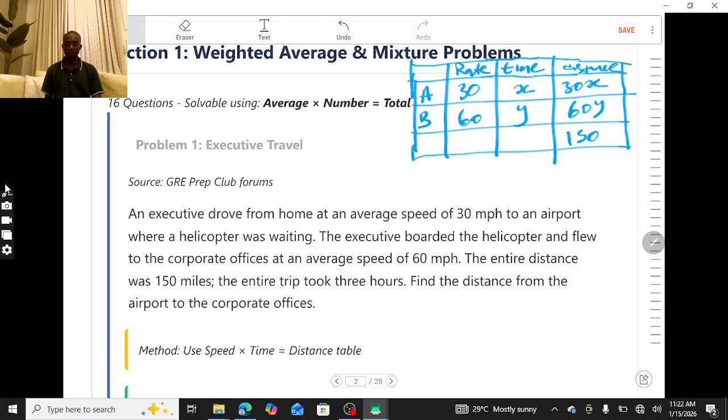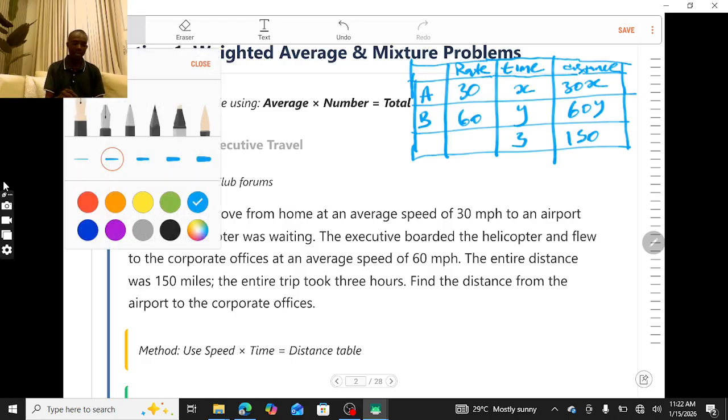The total time spent is 3, so s plus y is 3. Yes, 3 hours.